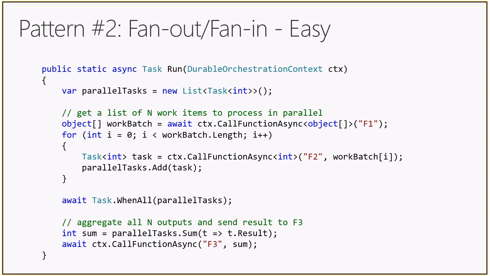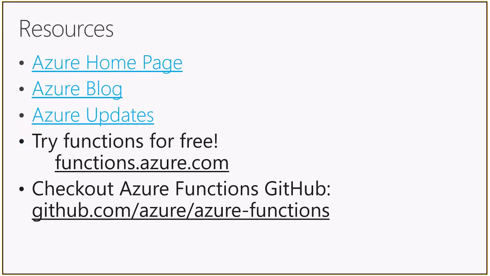In regards to resources, there are some resources at the end, so please try those out. The durable function samples are available. Just use Bing or Google to search for Azure Functions Durable.